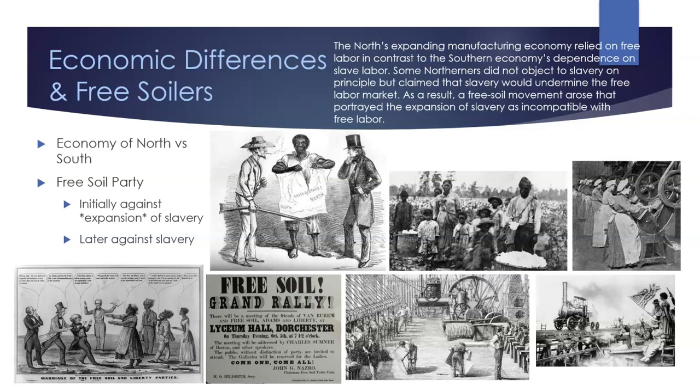As many Northerners sought new opportunities in the West, many began supporting a free soil position, opposing the expansion of slavery into the new lands that were being acquired. The Free Soil Party officially opposed the expansion of slavery into the Mexican Cession, and they nominated former President Martin Van Buren for the election of 1848, after the Democratic Party chose Lewis Cass, who had opposed the Wilmot Proviso, which would have forbidden the expansion of slavery into these territories.